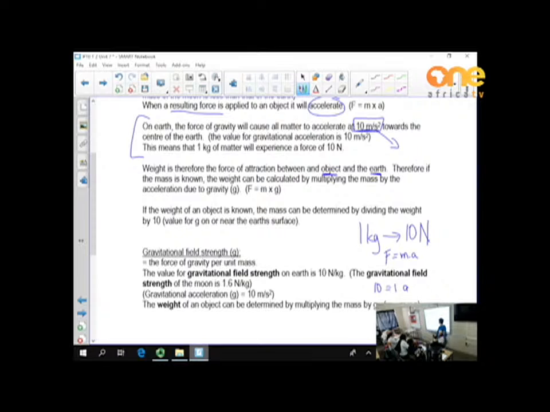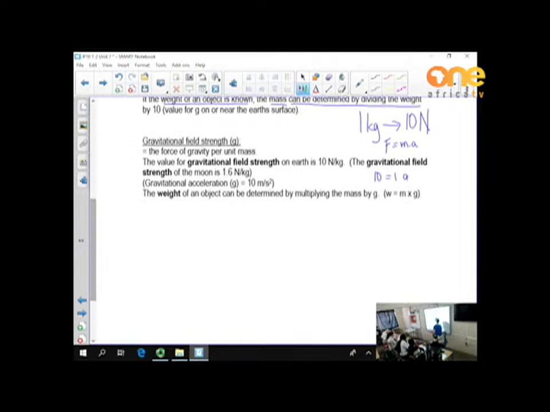All right. So, if the weight of an object is known, we can determine the mass by dividing the weight by 10. Now, the gravitational field strength is the force of gravity per unit mass. Gravitational field strength is the force of gravity, 10 Newton, per unit mass, kilogram.